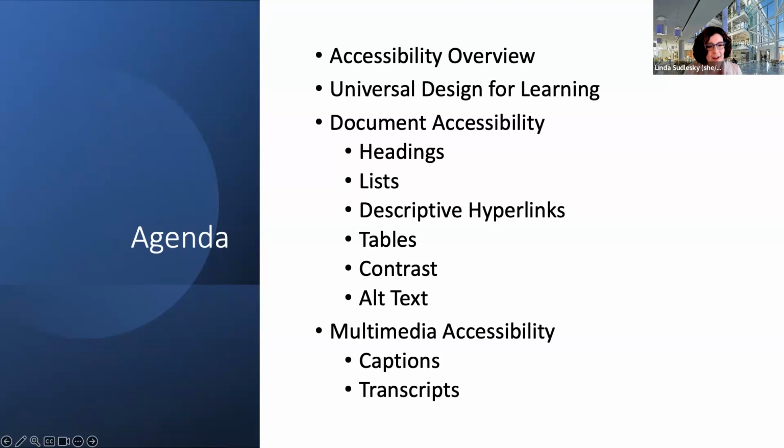And I threw in some contrast information in there as well, and then a brief overview of multimedia accessibility using captions and transcripts. But we're very lucky because we have Rizarda Agimi here, and she is our video expert on our team. So any additional questions that come in, I'm sure she'll be able to help answer.